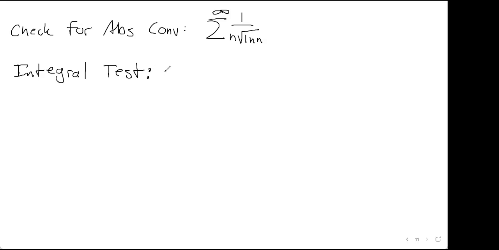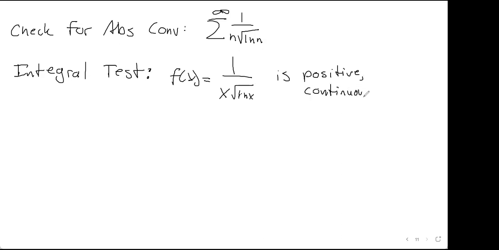So let's do that. If you're going to use the integral test, it starts by saying, think about the function 1 over x square root of the natural log of x. And this is positive, continuous, and decreasing on, we need to pick an interval where it's all of these things.